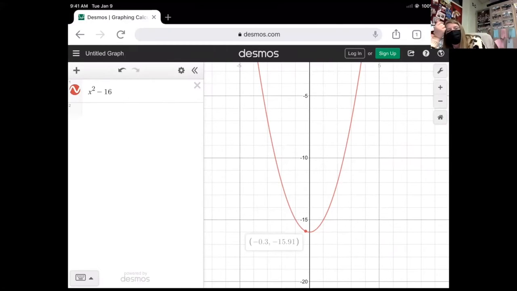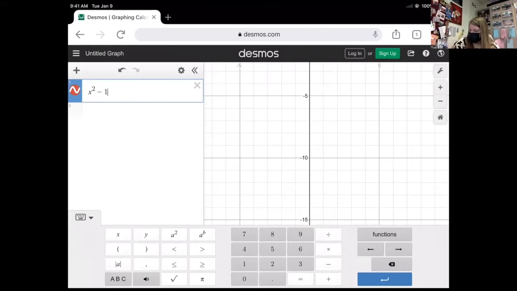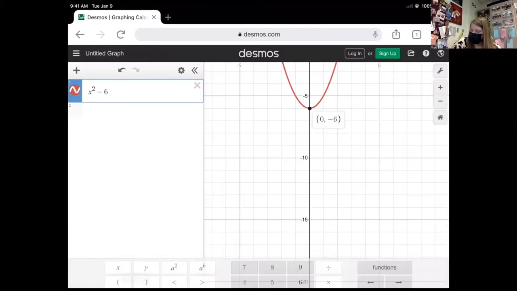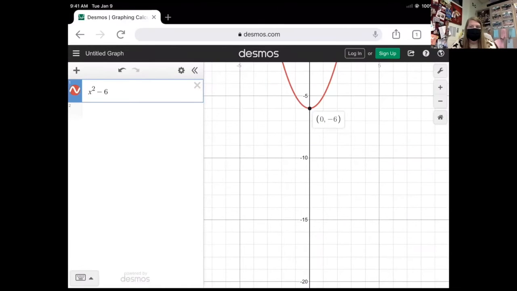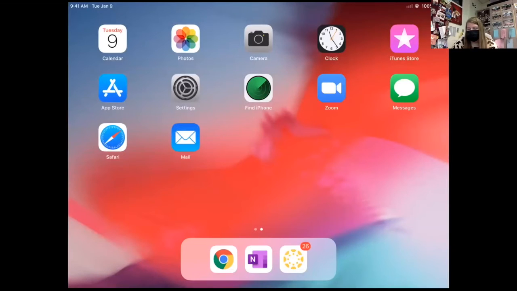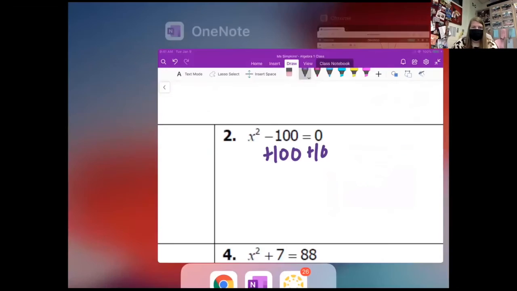Okay, the minimum is in a different place because the minus 16 moves the minimum to cross the y-axis at -16. So if I change this to a -6, it would then cross the y-axis at -6. So that plus or minus number changes its location as far as where it crosses the y-axis. Okay. Lauren, you're just writing them down on a sheet of paper. They're not necessarily located anywhere.